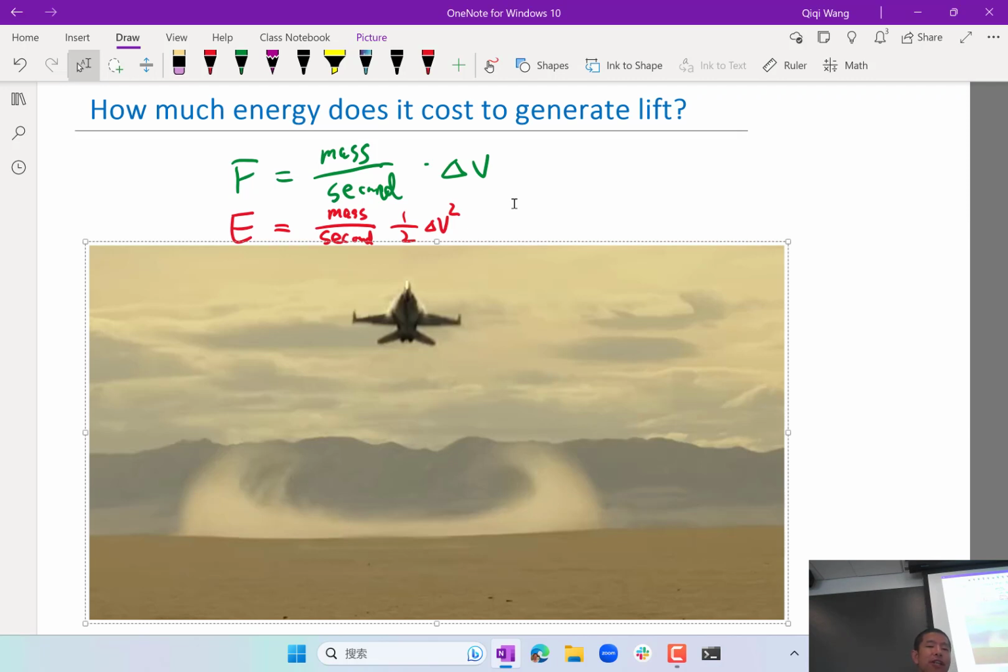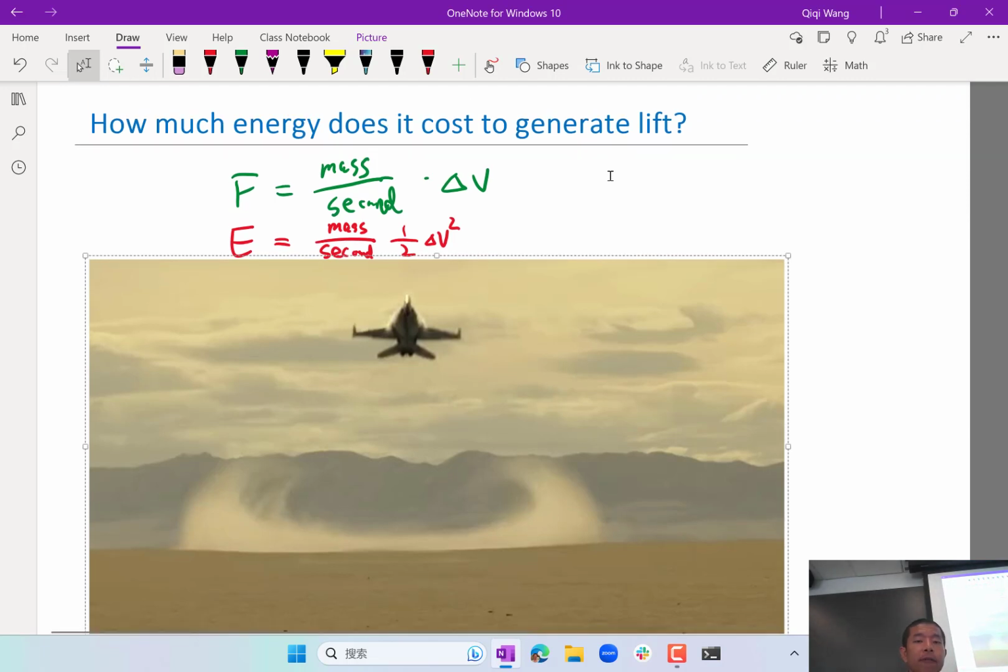And that's actually not the case. No matter what your chord length is, the air movement behind the airplane has exactly the same pattern if the lift per span is exactly the same. The chord length does not significantly affect the airflow after the airplane. The farther behind the airplane you look, the less it impacts.